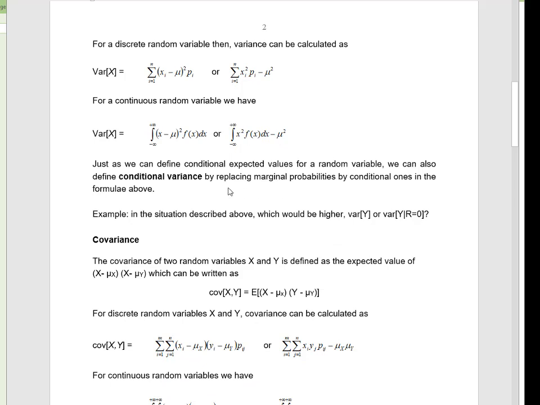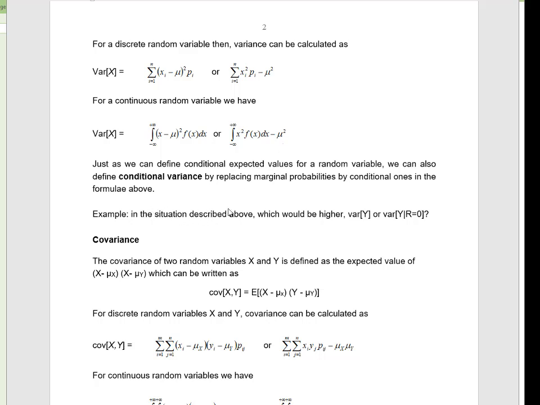Just to then make it more interesting, instead of having simple random variables like this, what happens if there's conditional variance where the probabilities are depending on something else happening? So you have conditional variance, so that in here you just replace the probabilities with the conditional probability based on something else.